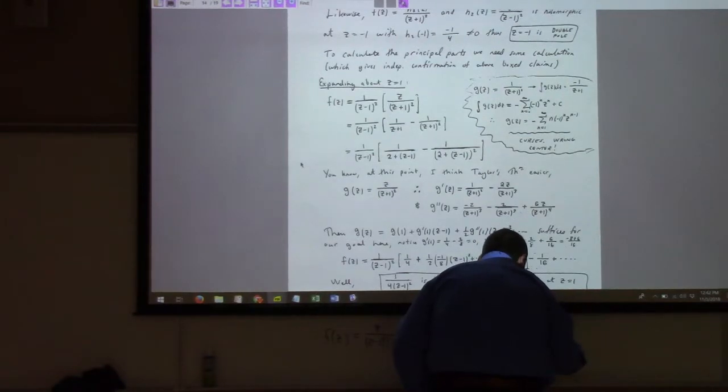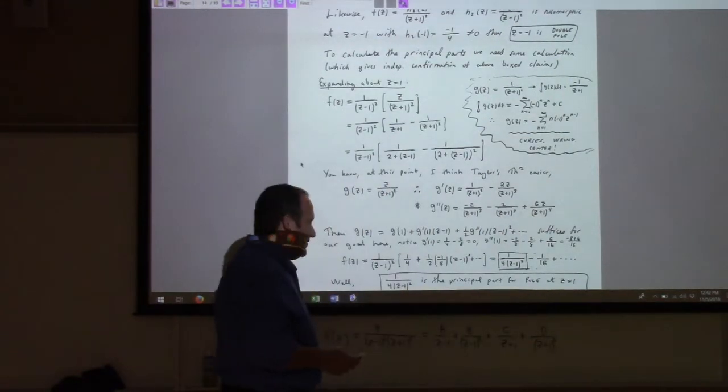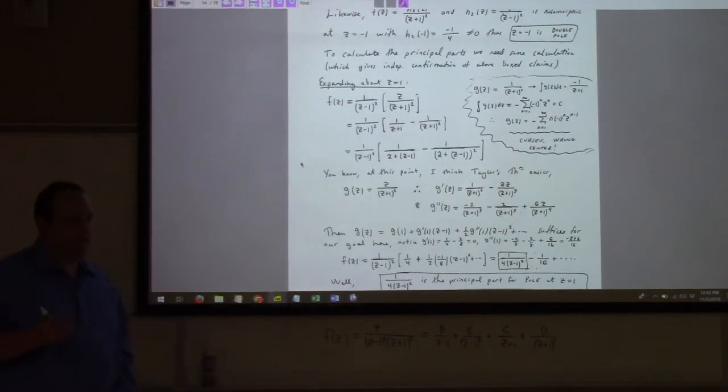After about a third of a page of algebra, you can work out a, b, c, and d. And then we know from our work on the partial fractions decomposition of rational functions that those are in fact the principal parts of the Laurent expansions about the respective poles.